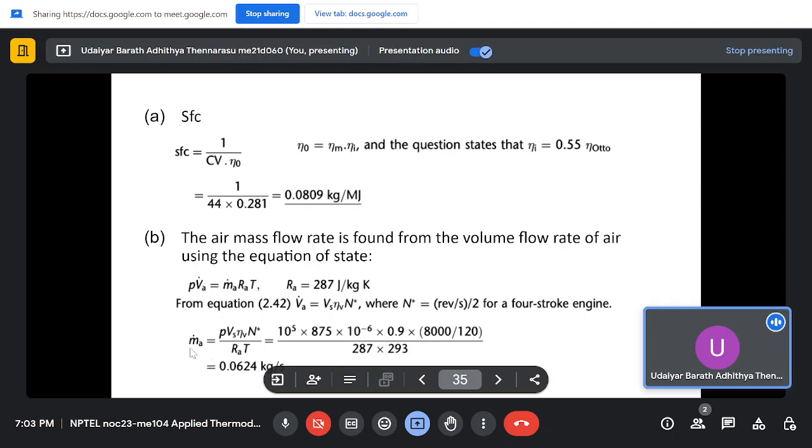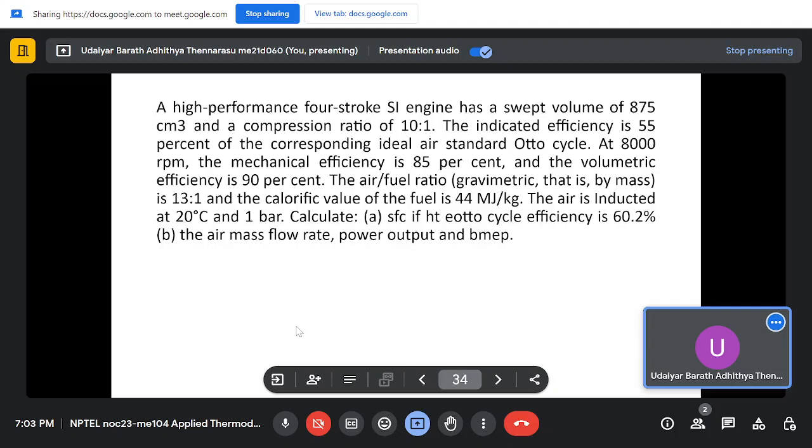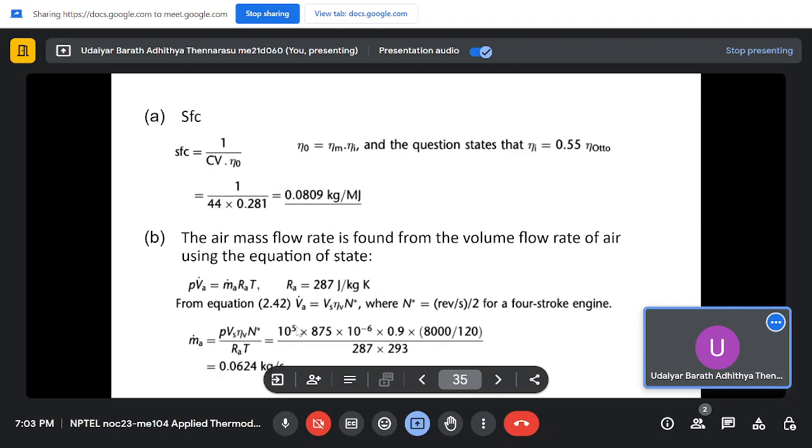So using this we can calculate. We know pressure is 1 bar, and 875 is the displacement volume given in centimeter cube, so converting to meter cube, and volumetric efficiency is 90%, 0.9.